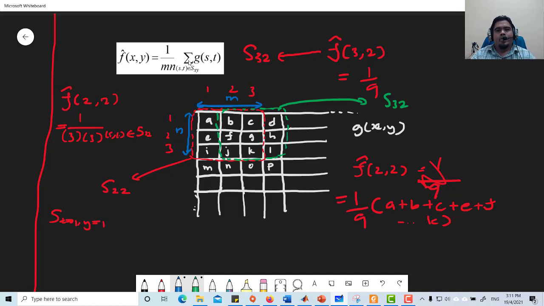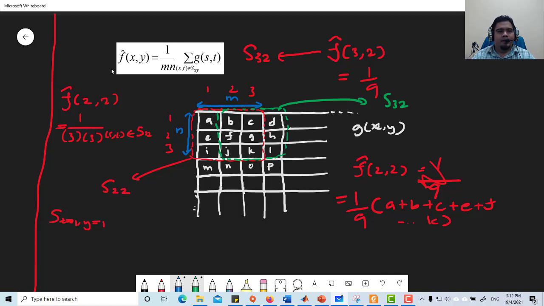But the question is, how does this equation represent that translation, the movement of the window? You can see here, the one that moves this window is the surface, the capital S XY, because this one will keep translating. Your capital S XY keeps varying, where this XY depends on the XY index in our F hat here.